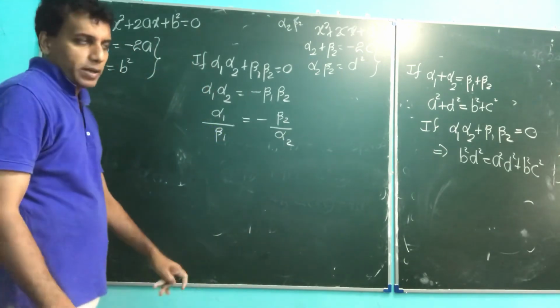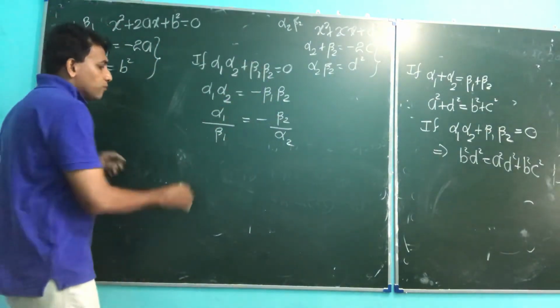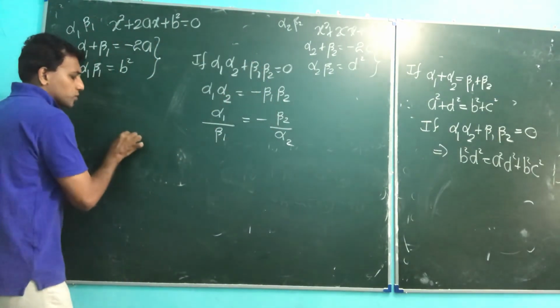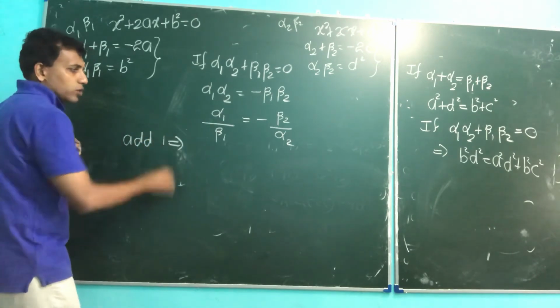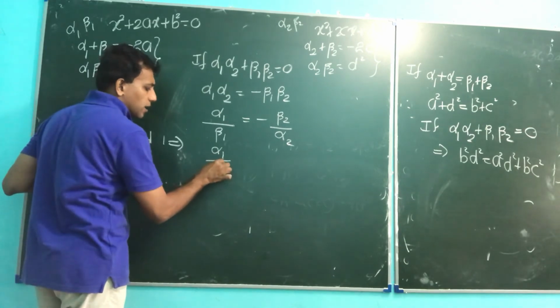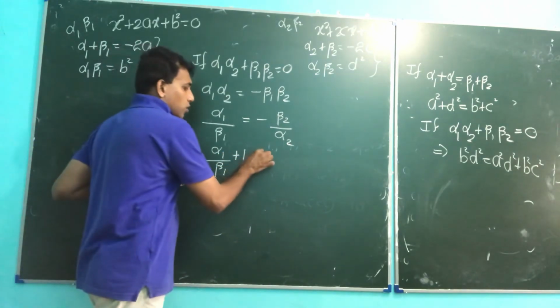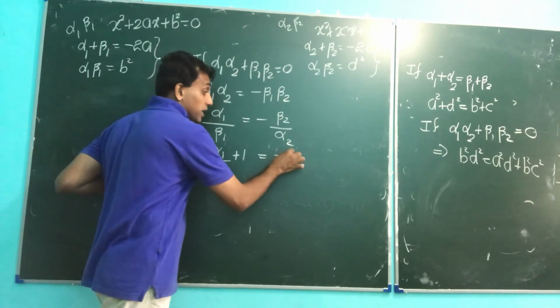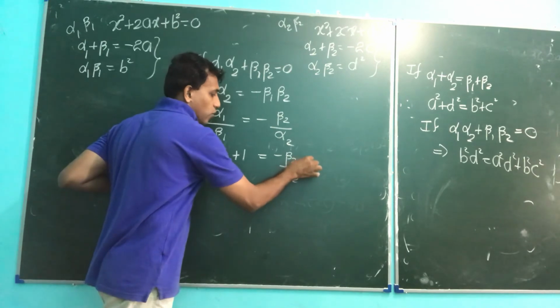Study these simplified methods. Next, add 1 both sides. Then alpha 1 over beta 1 add 1. Here also minus beta 2 over alpha 2 add 1.